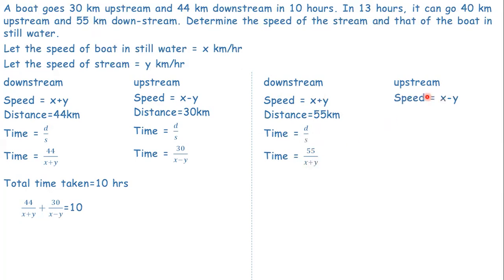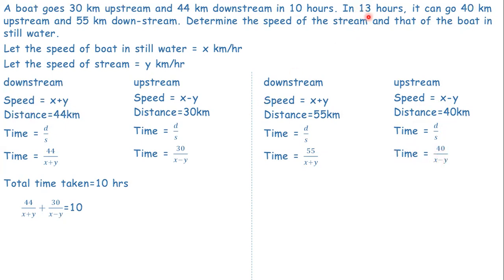For upstream, we know that speed is equal to x minus y. Distance traveled upstream is 40 kilometers. So time is equal to distance by speed. So time taken to travel upstream is 40 by x minus y.